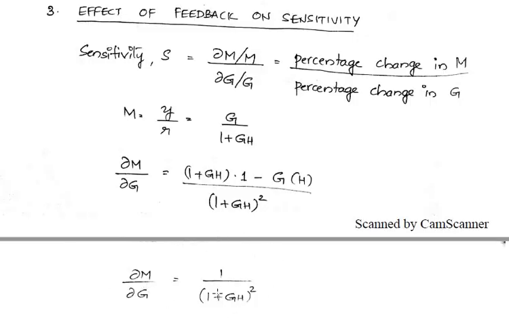So now we need to calculate G by M also. So then only we will be able to find out the sensitivity. So here we have M is equal to G by 1 plus GH. If that is the case, then G by M will be 1 plus GH itself.